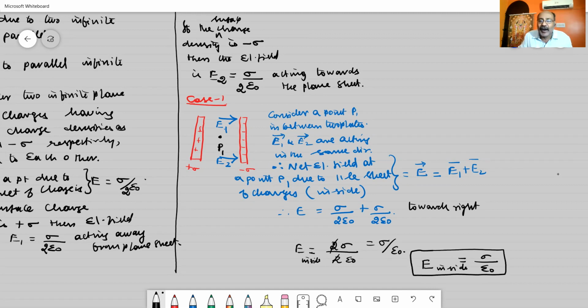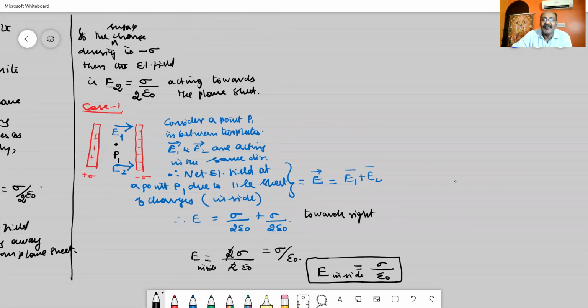Similarly, now I am going for case 2. What is that case? I am taking another point away from, or outside, the two plates. In these two parallel plane sheets of charges, one has the surface charge density plus sigma and the other has the surface charge density minus sigma.